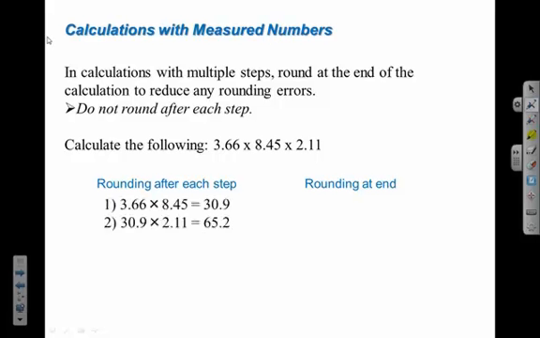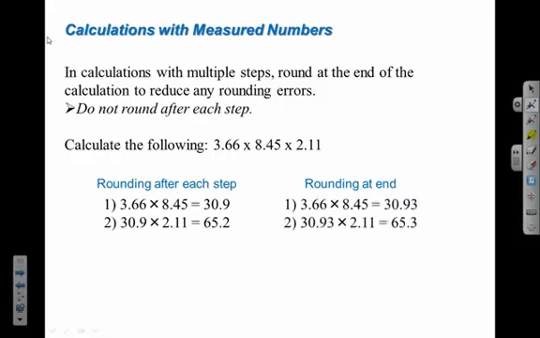So in this case, if I were to round after every step, so I multiply the first 2 numbers together, I get 30.9. I want to keep more digits than that, than my calculator gives me, at least 1 extra digit, because I don't want to round till the very end. Because if I do round to 3 SigFigs here and then carry that through to the next calculation, my answer becomes 65.2 with 3 SigFigs. That's not the right answer.